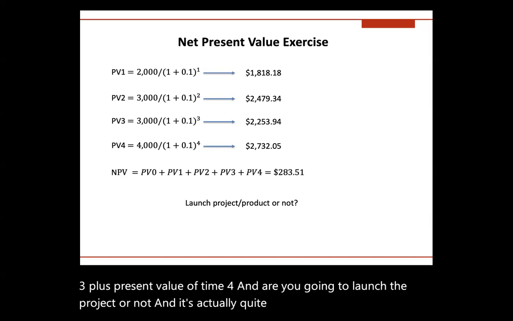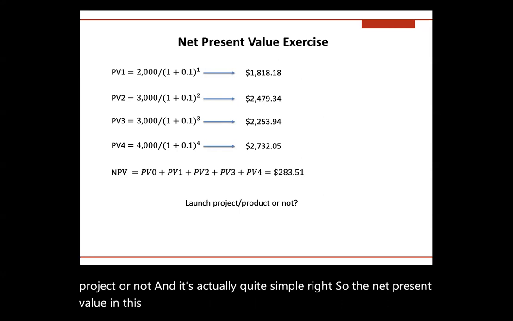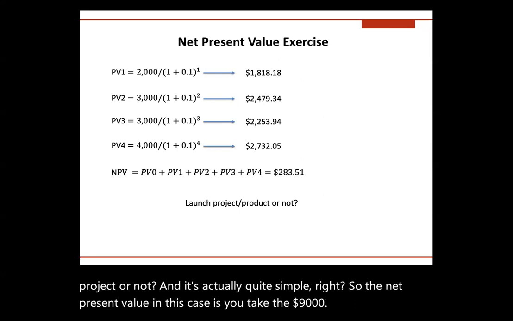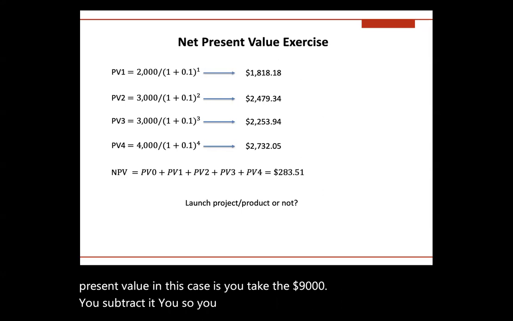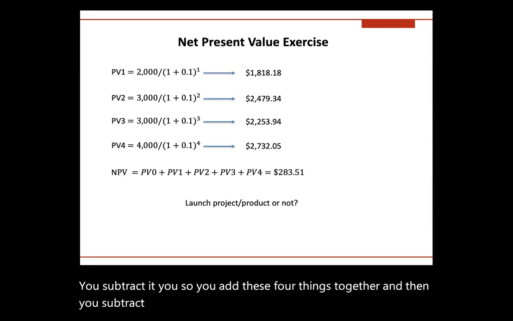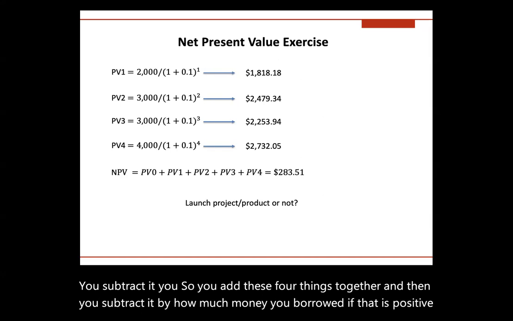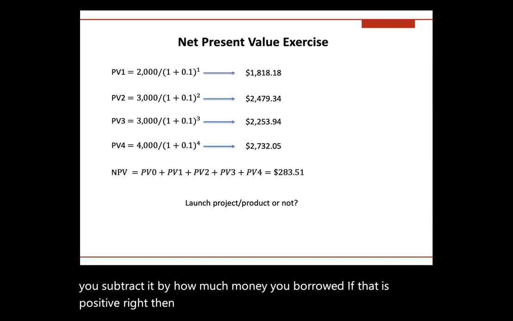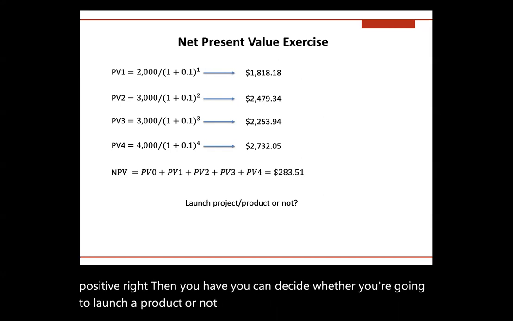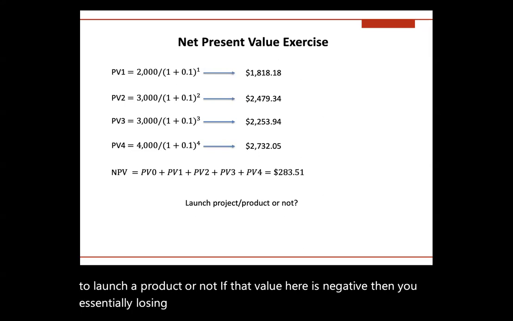So the net present value in this case is you add these 4 things together, and then you subtract how much money you borrowed, the $9,000. If that is positive, then you can decide to launch the product. If that value is negative, then you're essentially losing money based on the interest that you'd have to pay.